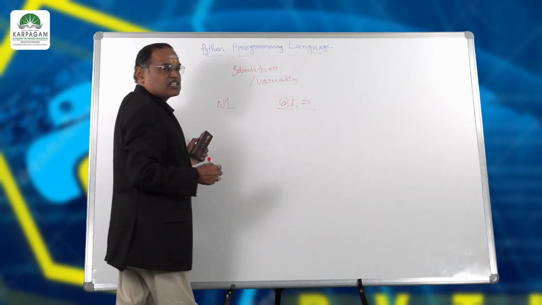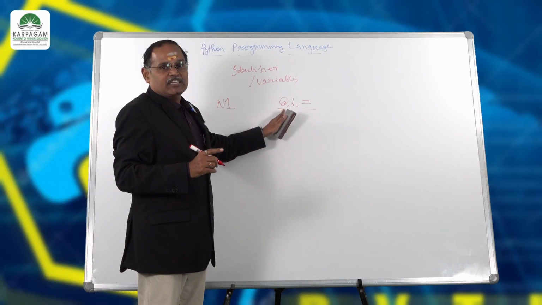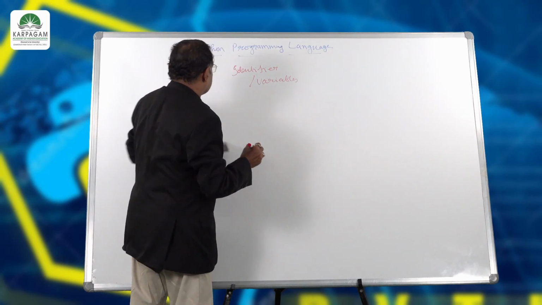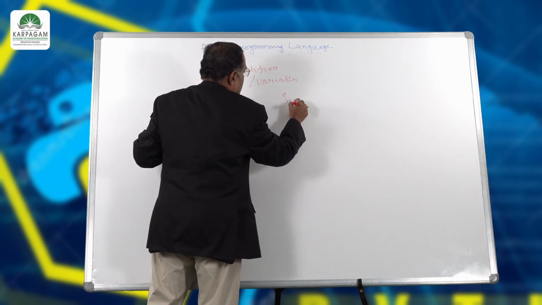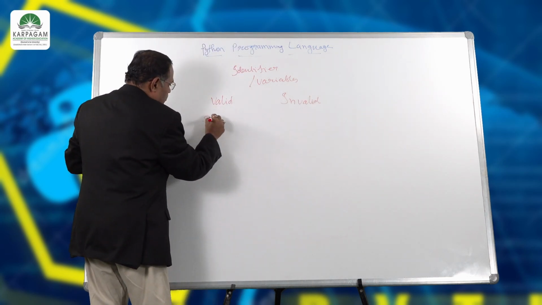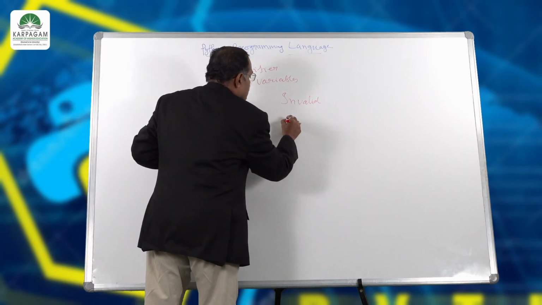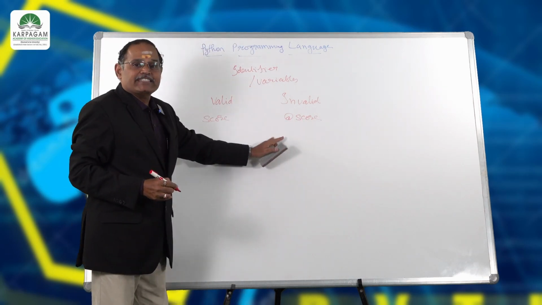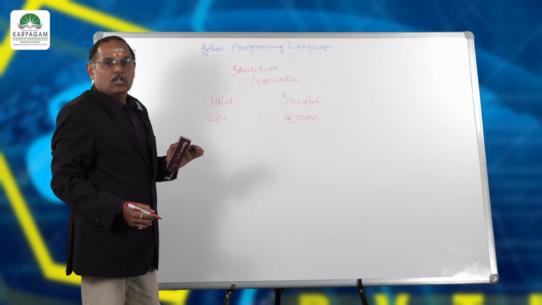These are some special characters which are not allowed in variables. So the valid and invalid examples can be seen here. score is a valid example. @score is an invalid example. Why? Because we have used special characters which are not allowed.